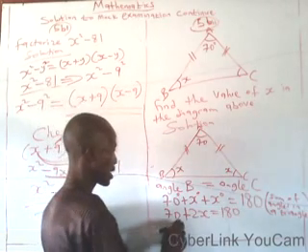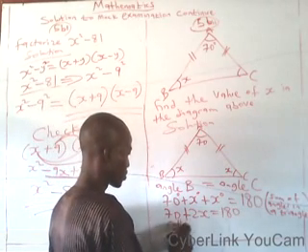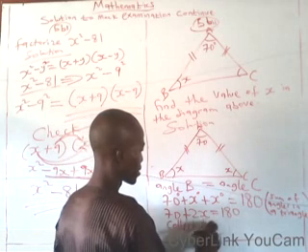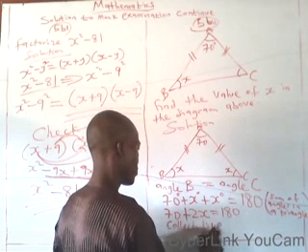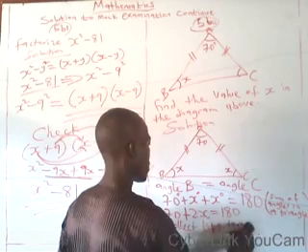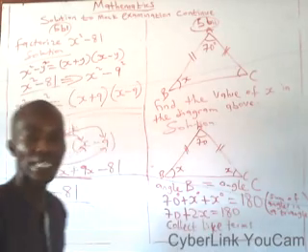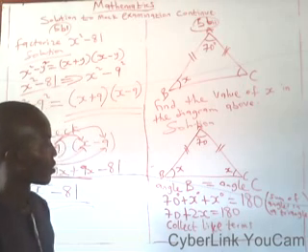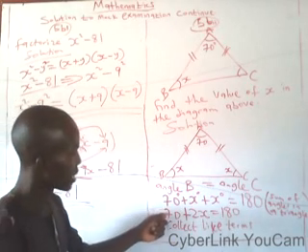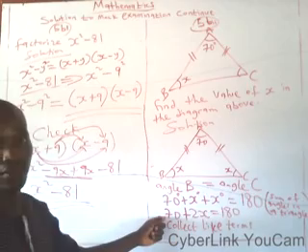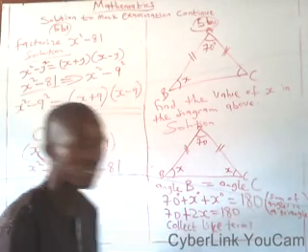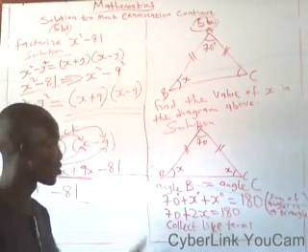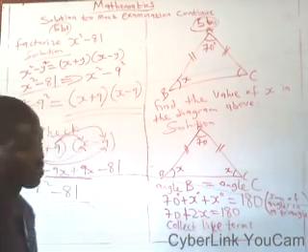You collect like terms. If you collect like terms, we are going to take away 70 from this place. We carry it to the other side to go and meet 180 that doesn't have x.